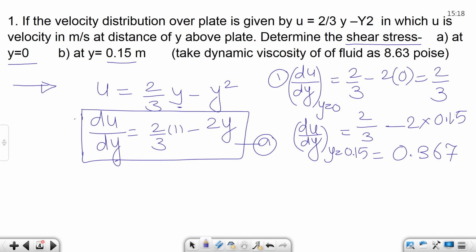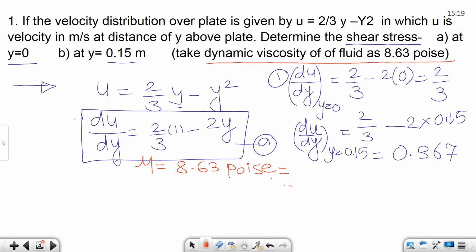Now in the question they have given one very important value: take the dynamic viscosity of the fluid as 8.36 poise. Remember, poise is a CGS unit, which you need to convert to SI unit. So how to solve the next part? First convert this dynamic viscosity, mu, given as 8.63 poise, to SI unit: just multiply by 10 raised to minus 1, or divide by 10.